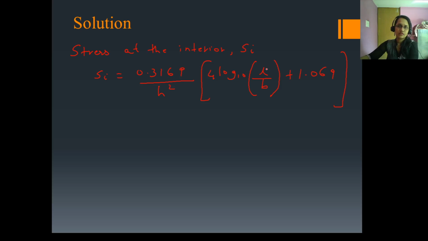We know all these values here: l, b, h. Substituting all these values in this equation, this will be 0.316 into P, 5100, upon 18 square, into 4 log 10 of l, 70.6 was the l value, and b was 14, plus 1.069.